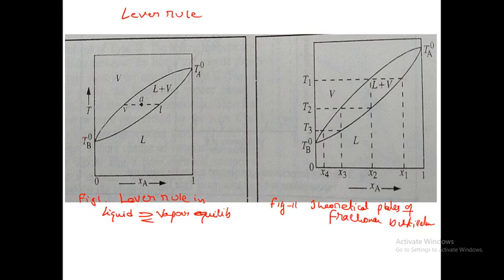Consider a two-component temperature-composition diagram of A and B. Suppose we assume B as a liquid and A as a vapor.